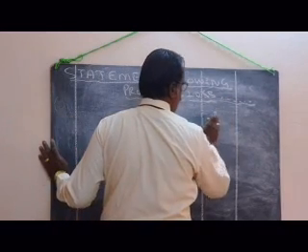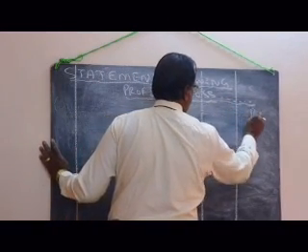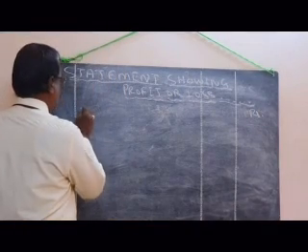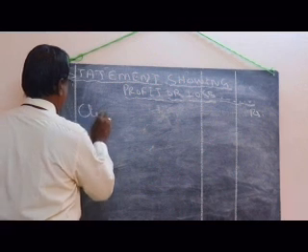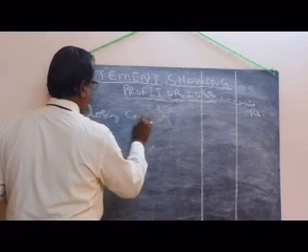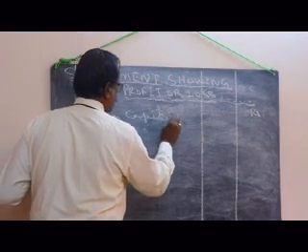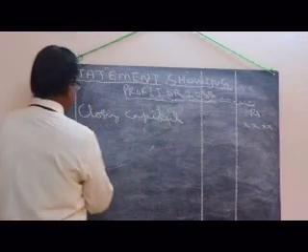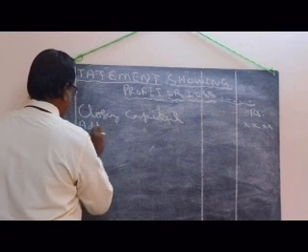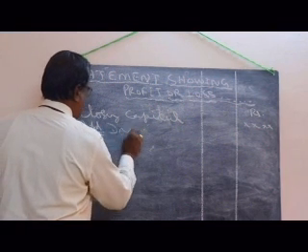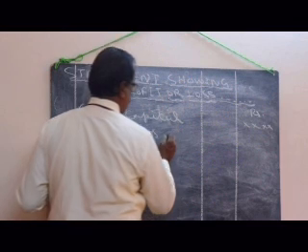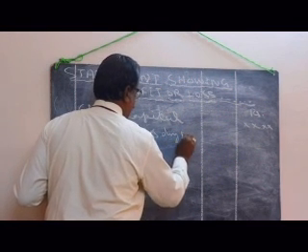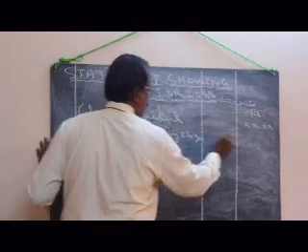Even if you take this column or this column, there's no strict rule. First you must start with closing capital, then add drawings. If you want, you can write: drawings during the year.